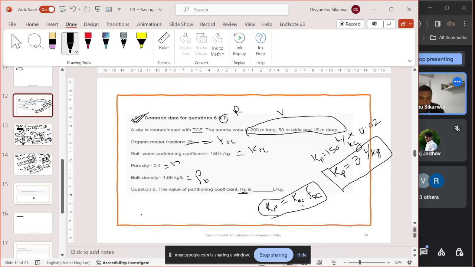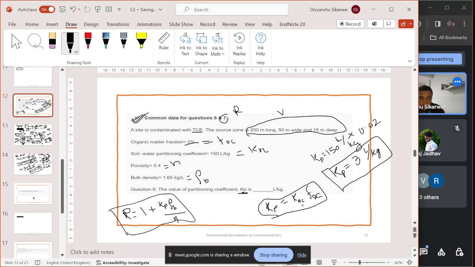Let me write it here. We have to calculate R. So R will be 1 plus Kp rho b divided by porosity.